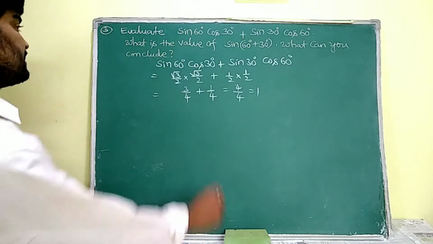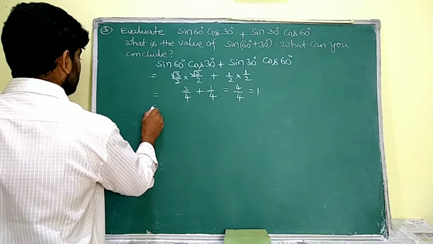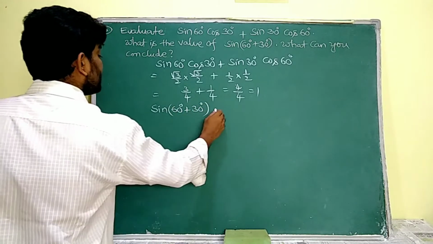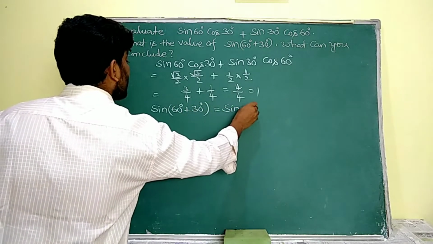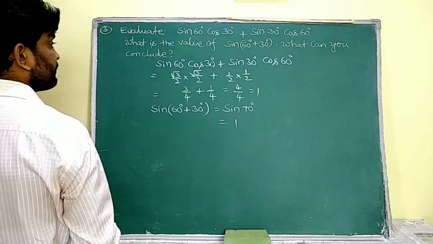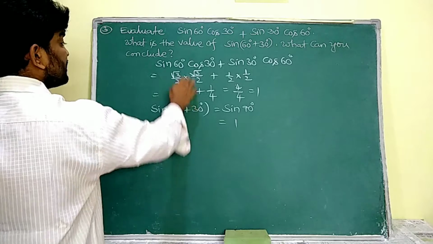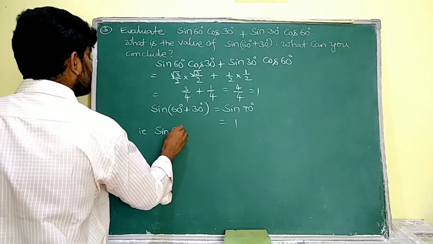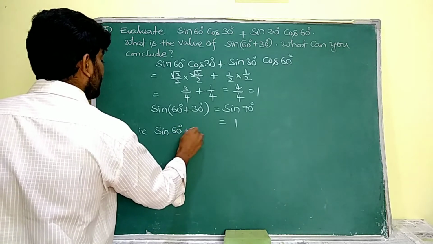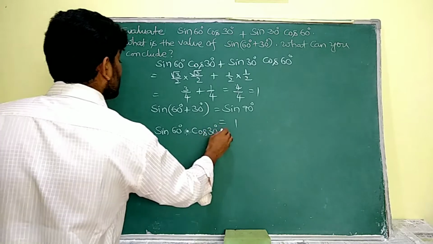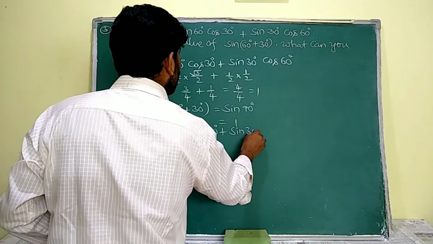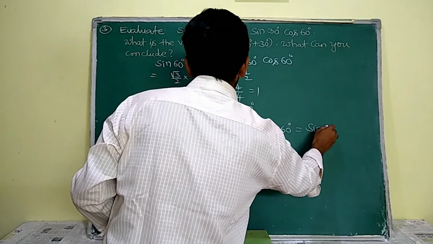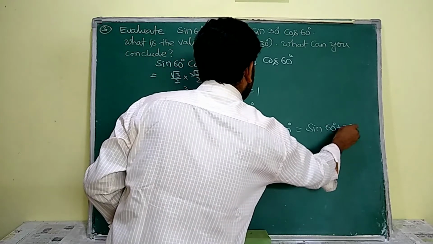Now another question is asking, what is the value of sin 60 degree plus 30 degree. Sin of 60 degree plus 30 degree means sin 90 degree. We know that sin 90 is 1. What can you conclude? These two are the same. So that is our conclusion: sin 60 into cos 30 degrees plus sin 30 degree into cos 60 degree is equal to sin 60 degree plus 30 degree.